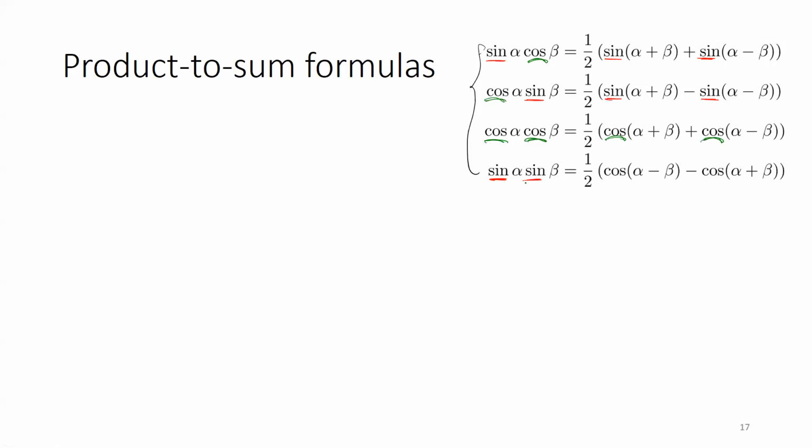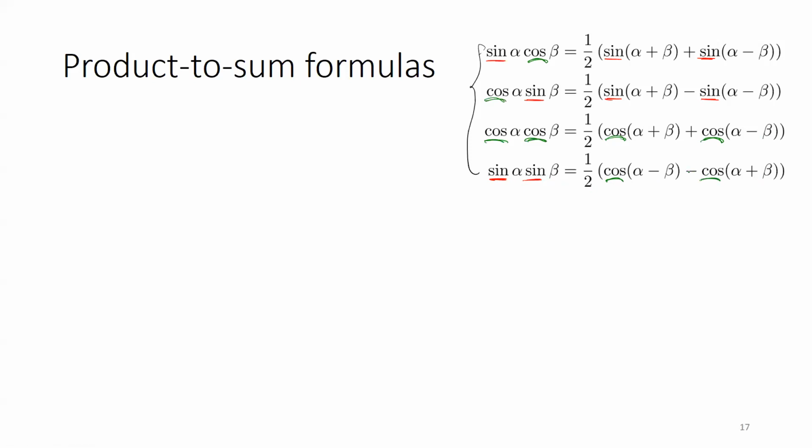And then for cosine cosine, you get two cosines: cosine of alpha plus beta plus cosine of alpha minus beta. And then be very careful here with sine alpha, sine beta. We always think, oh, sine, that's the nice one, the one that doesn't pick up an extra minus sign. But here the structure is: sine alpha sine beta is cosine of alpha minus beta minus cosine of alpha plus beta.